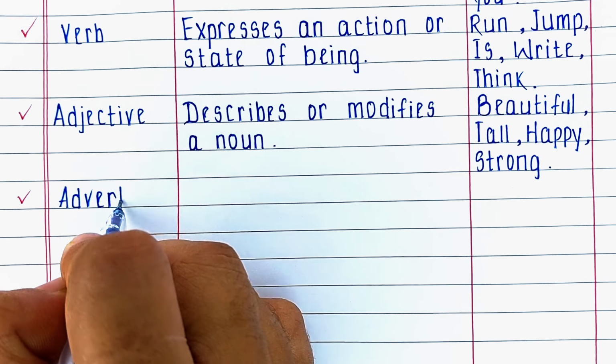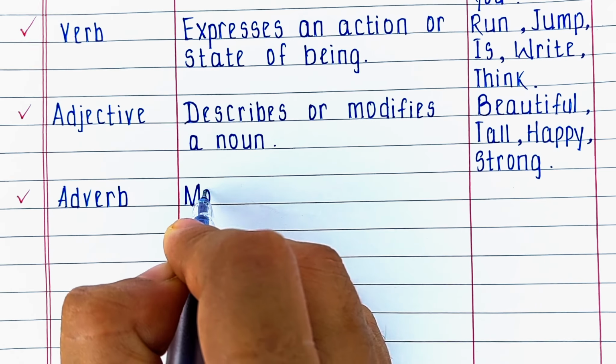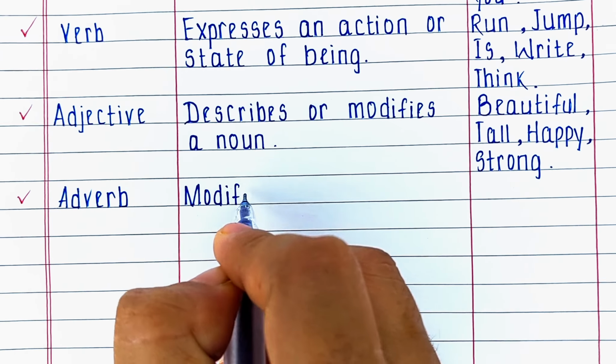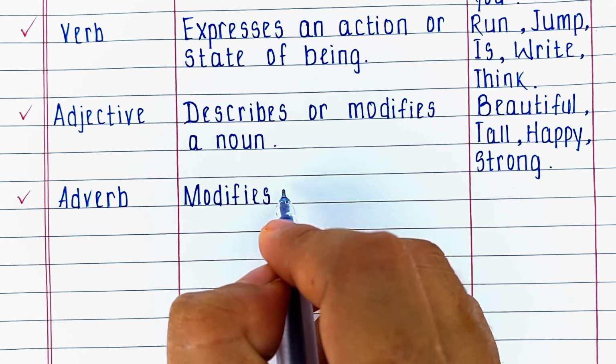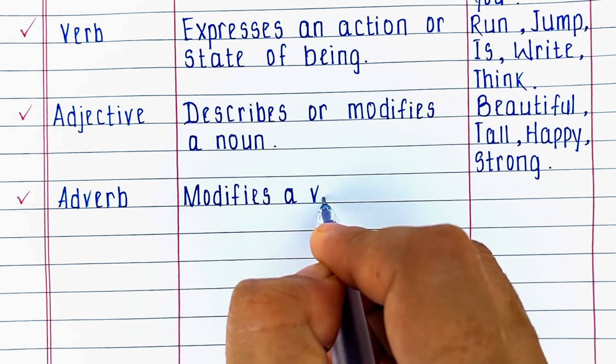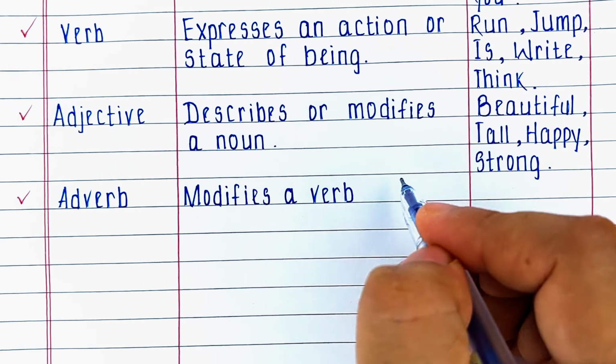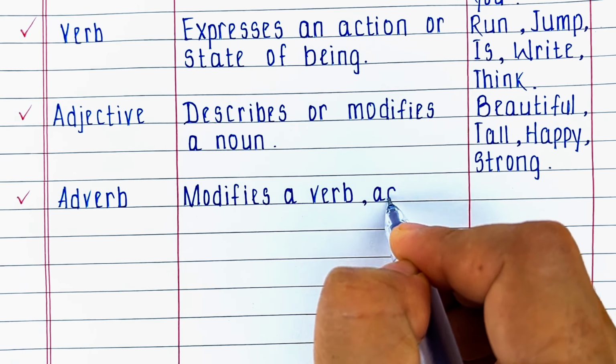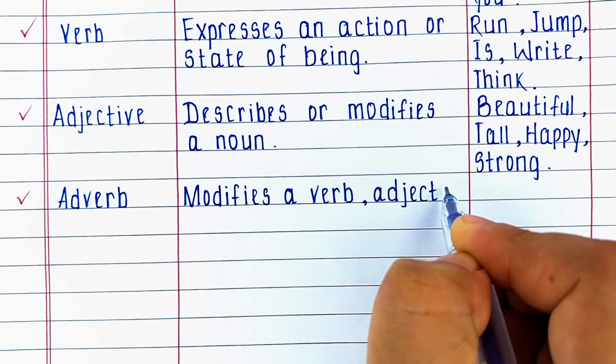The next part of speech in our list is adverb. Adverbs are words that are used to provide more information about verbs, adjectives, and other adverbs used in a sentence.